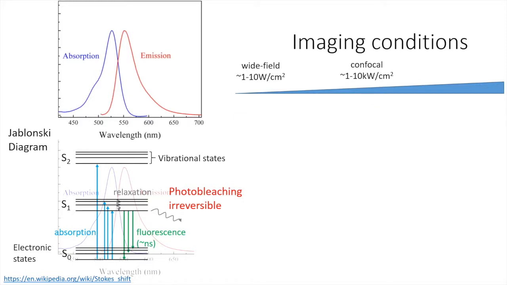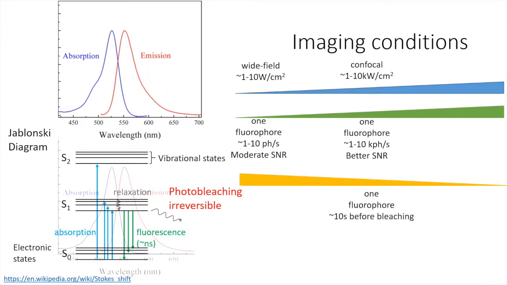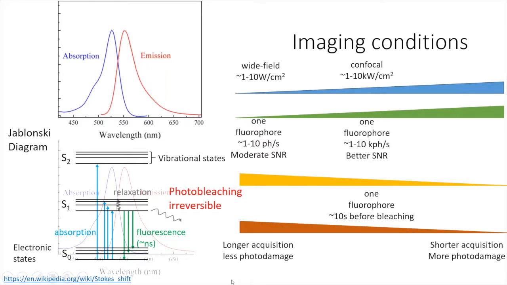At the same time, since the signal to noise ratio depends on the photons, and the photon budget for each fluorophore is a definite number, that means you have limited time to do the observation.